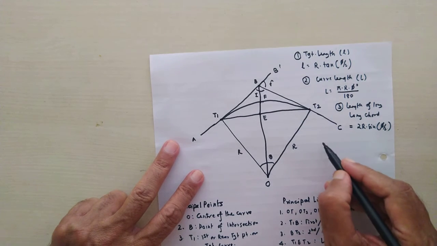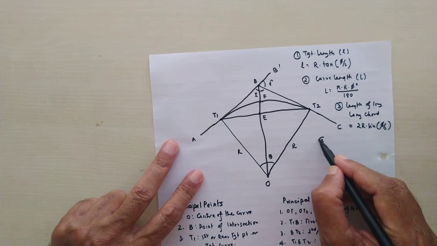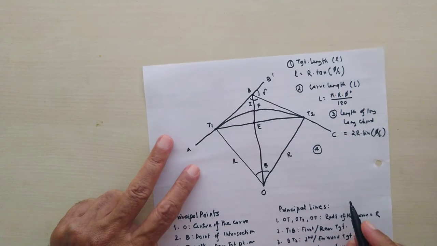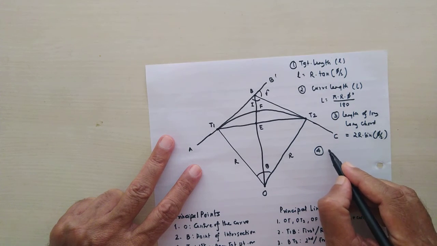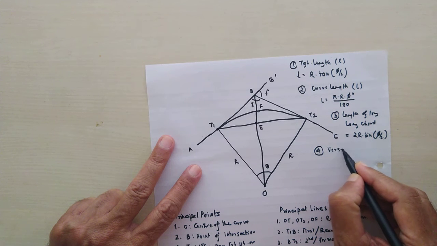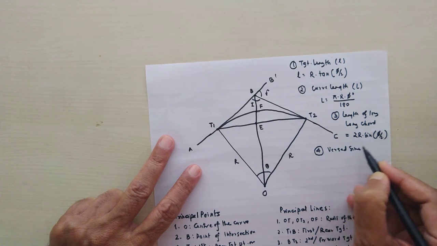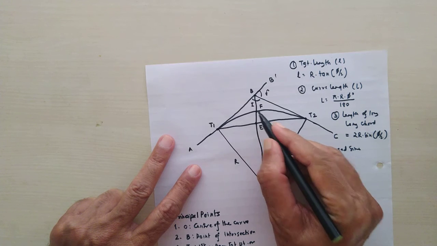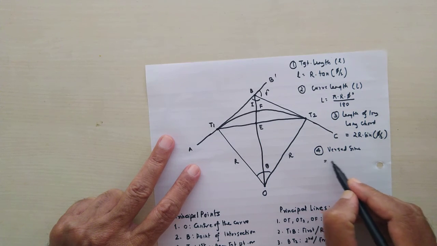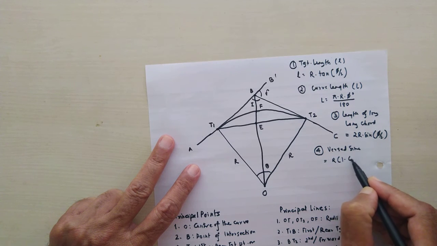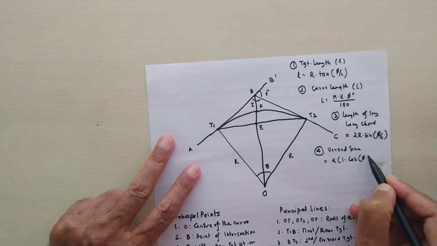Okay. The next element of the circular curve is the versine. This distance EF is called the versine, and it is equal to R in bracket 1 minus cos of phi by 2.